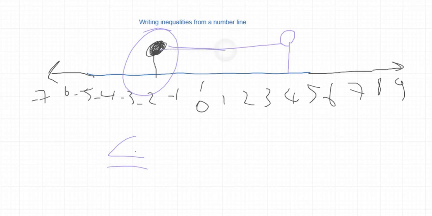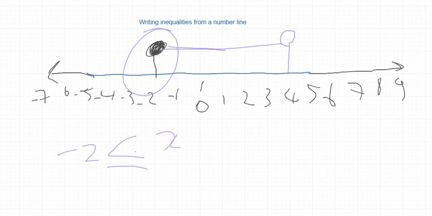That simply means it is closed at negative 2, or it is greater than negative 2. Therefore, we must write x is greater than or equal to negative 2.